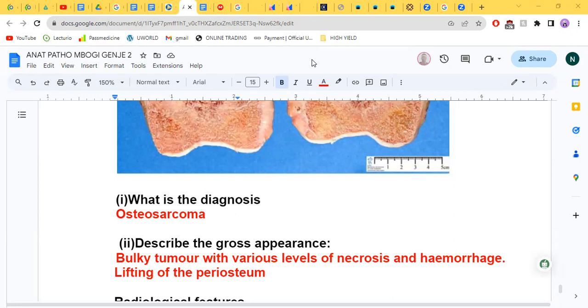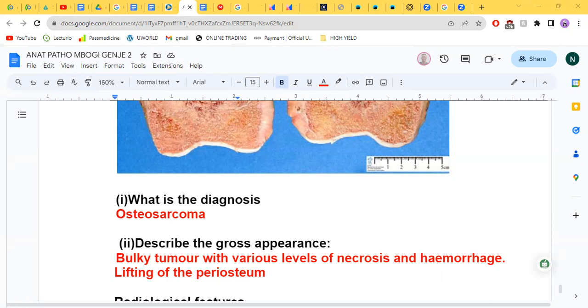I think these are important. Yes, pleomorphic cells. I'm not very sure, so maybe we can confirm this. It's important to know the microscopic features of osteosarcoma. So we've been told there are pleomorphic cells.